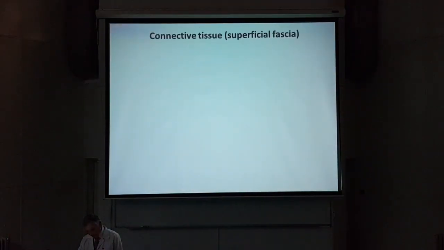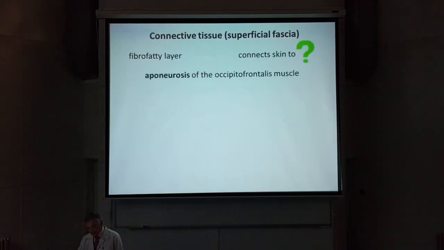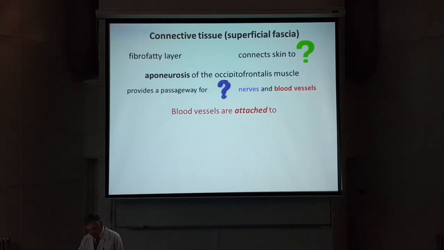Again, you have seen this image. Connective tissue is fibrofatty layer, connects the skin to aponeurosis. And it has lots of vessels and nerves, and there's a problem in the vessels of the scalp.